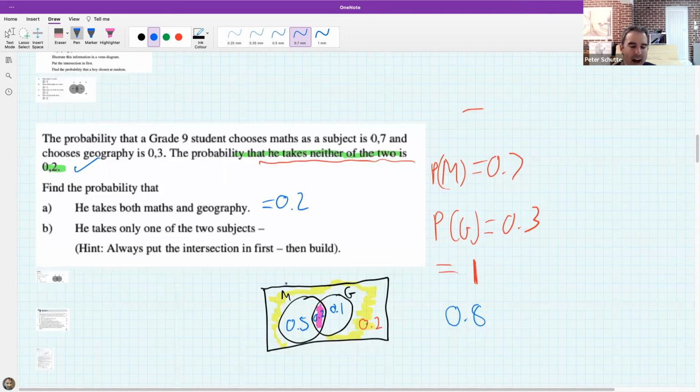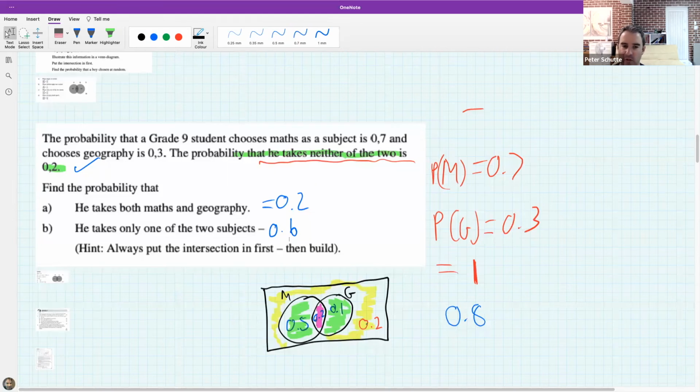I can't get the intersection, so I want that bit and I want that bit. So what's the answer going to be for B? He takes only one of the two subjects. So the answer is going to be 0.6, which is this region here.